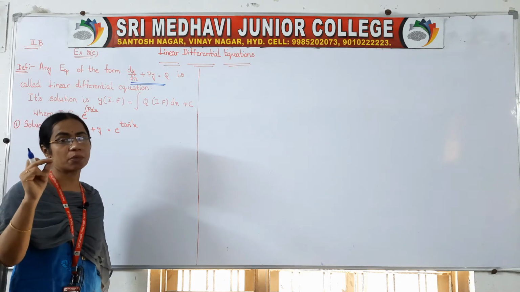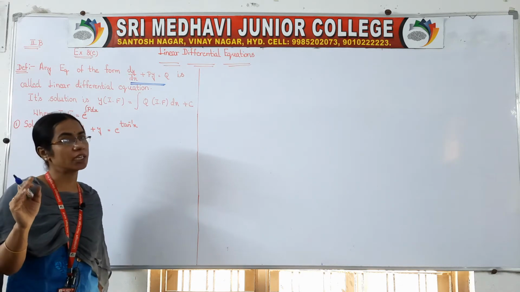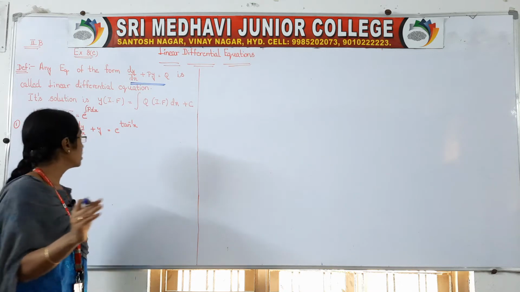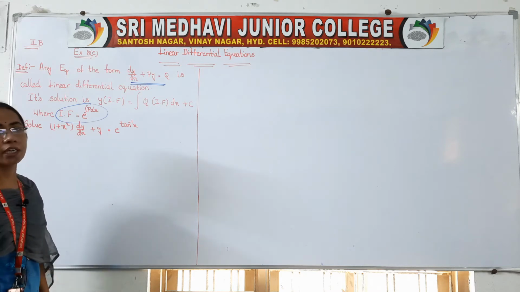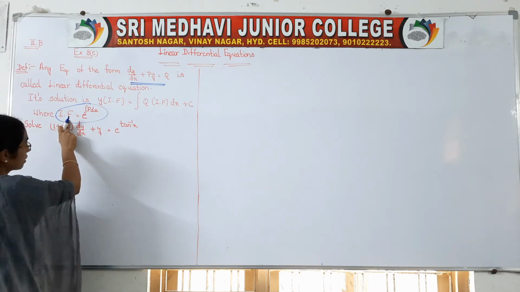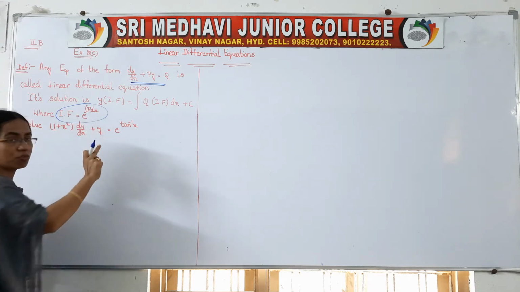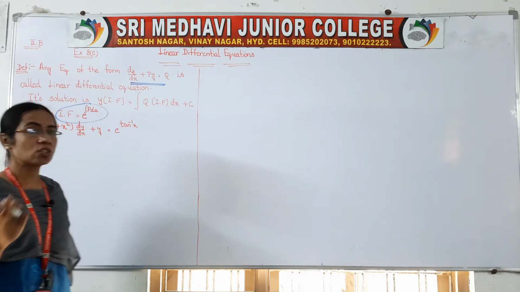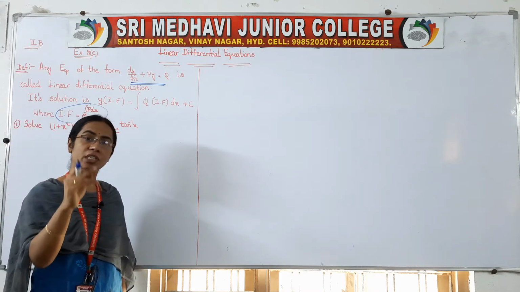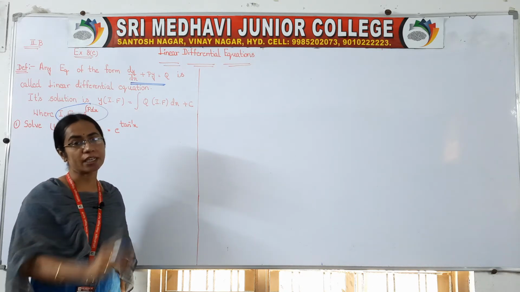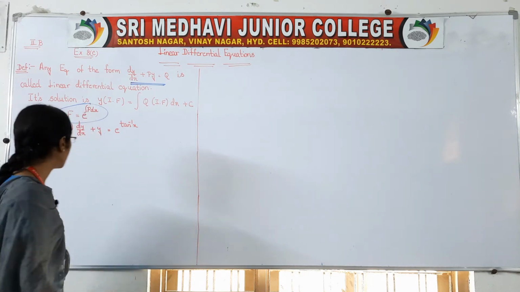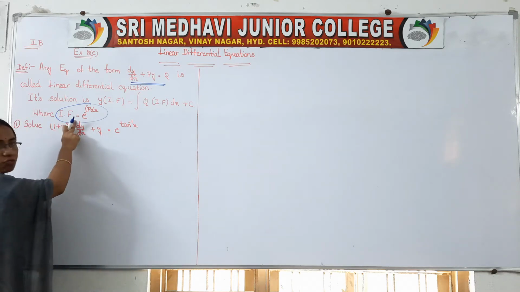Once you get your p value, find out the integrating factor. What is the formula for integrating factor? Integrating factor is equal to e to the power of integration of p dx. So first you find out the integration of p dx value, then e to the power of integration of p dx, that is your integrating factor.